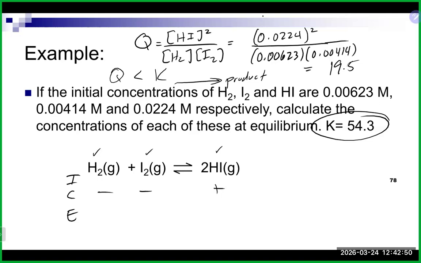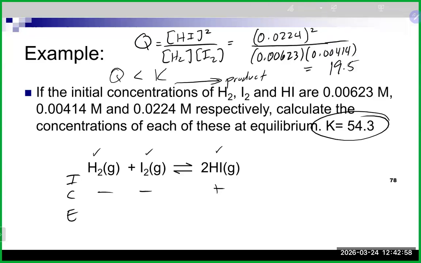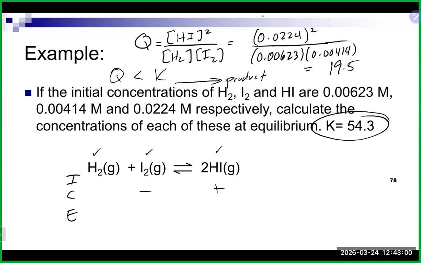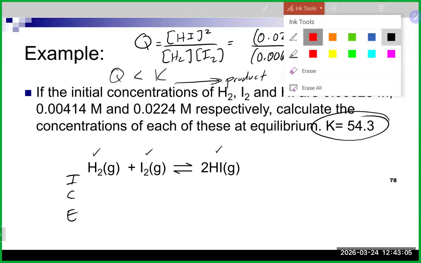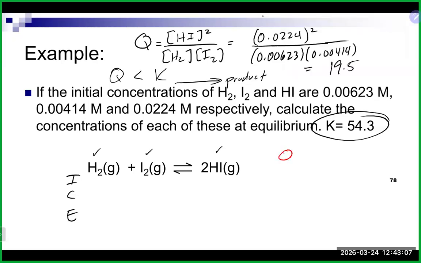Now, let's say, for example, I calculated Q and it was actually greater than K. What would happen in this case? If Q was greater than K, we're heading in this direction, which means we would be decreasing these guys and we would be increasing these guys.